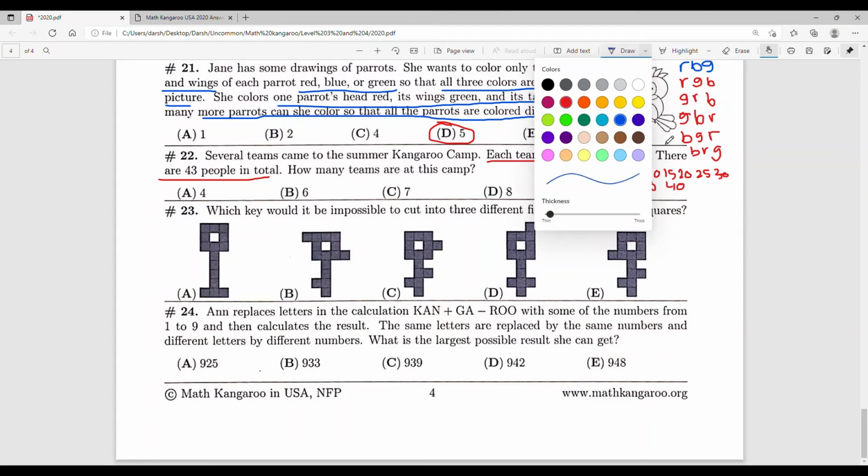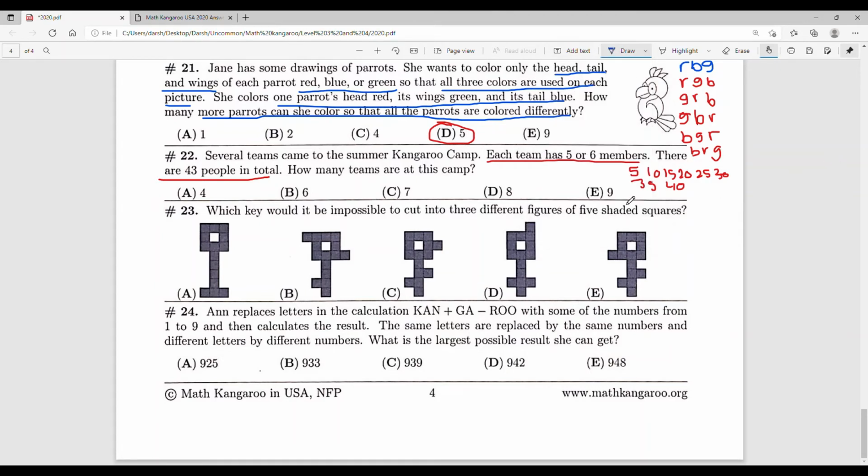And now I'm going to list the possibilities for the multiples of 6. So 6, 12, 18, 24, 30, 36, and 42. So these are all the possible multiples of 5 or 6 that are less than 43.